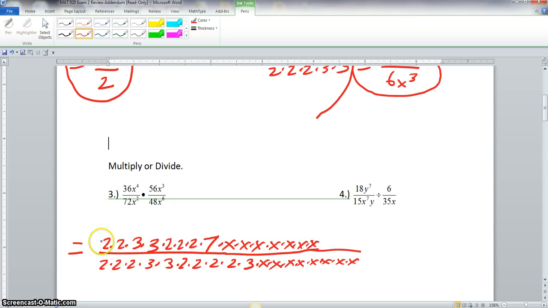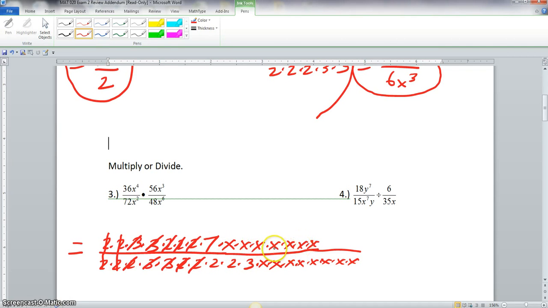Okay, now we simplify. We have these 2 sets of 2's, and we notice we have some more 2's. We have this set of 2's, and we also have 2 more sets of 2's that we can simplify out. Now we look up here. We have 2 sets of 3's that we can simplify out with these 2 sets of 3's. So now there's nothing more we could do with the numbers here. Now we look at these x's.